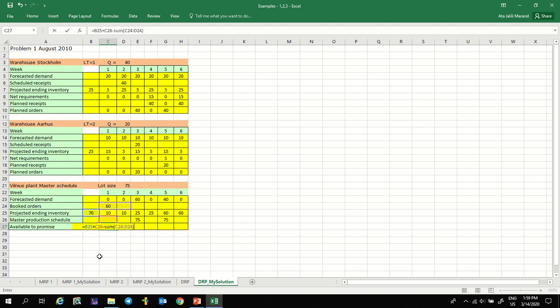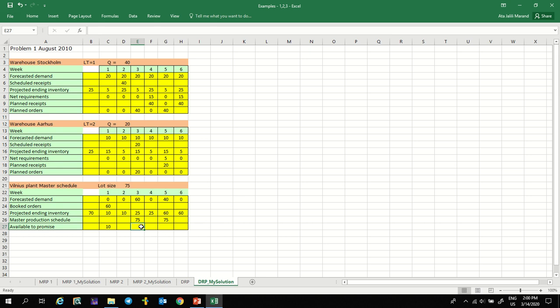So it is only weeks 1 and 2, and it will give us an available to promise equal to 10, meaning that a new demand of size 10 can immediately be satisfied by the already scheduled productions and inventory on hand in weeks 1 and 2.